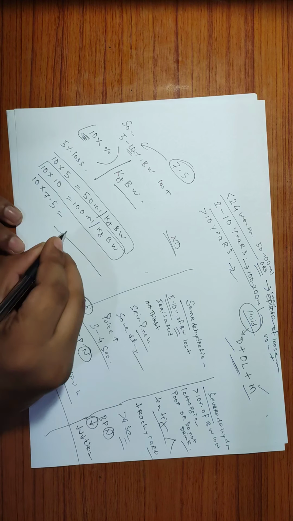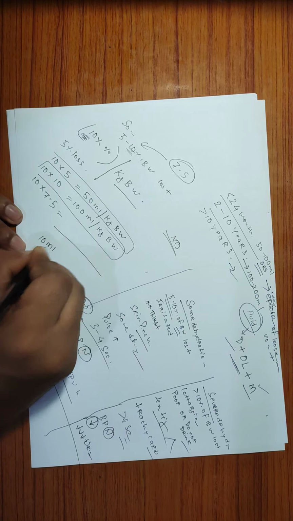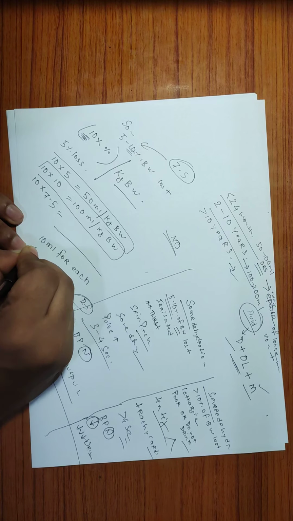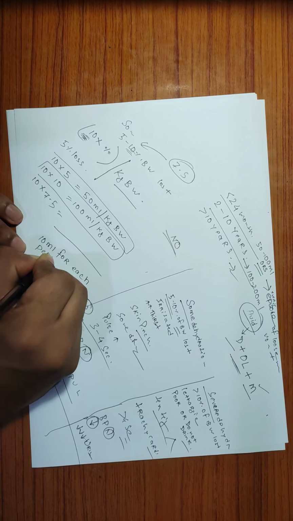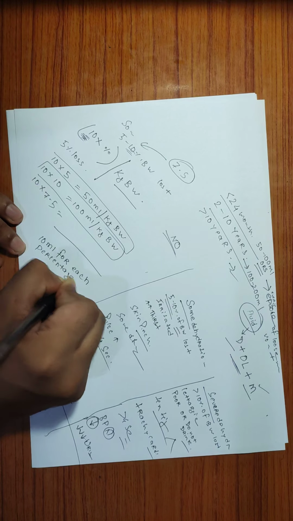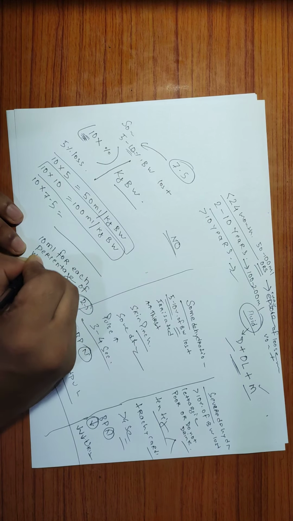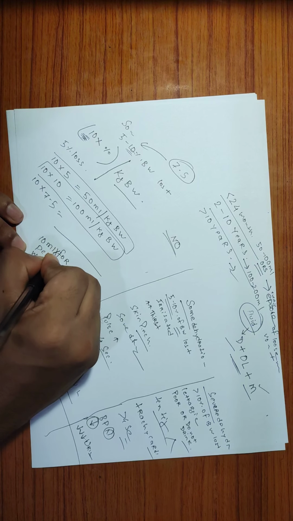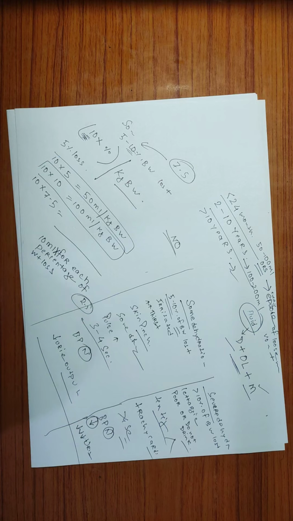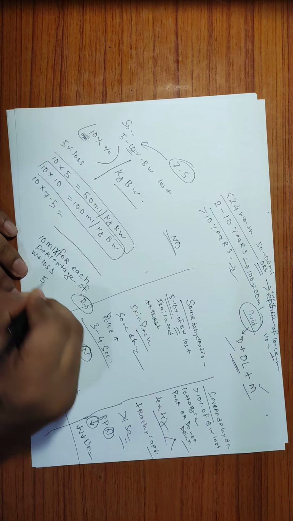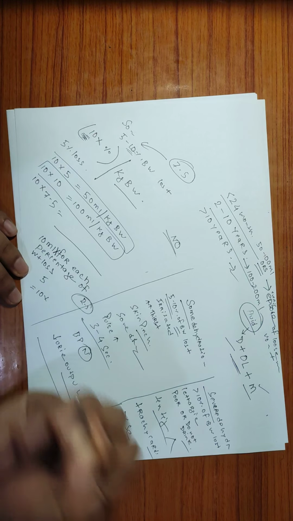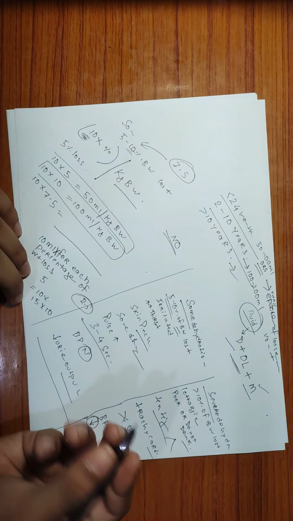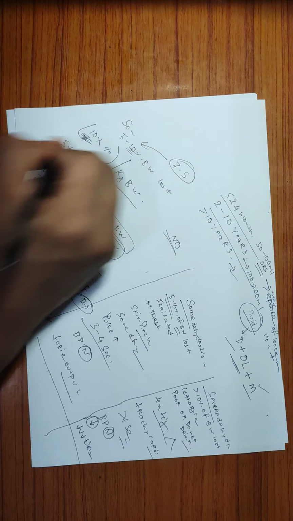I'll write it down: 10 ml for each percentage of weight loss. So you're supposed to multiply 10 ml into each percentage of weight loss. If it is 5%, then you multiply 10 into 5. If it is 15%, you multiply 15 into 10, right? This 10 is constant.